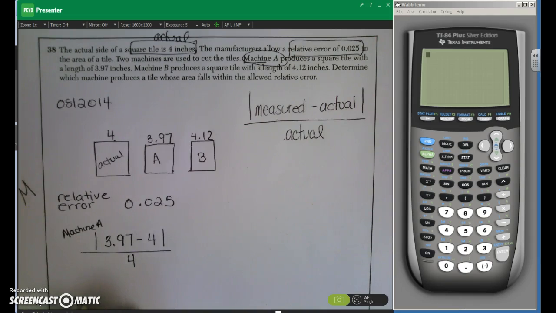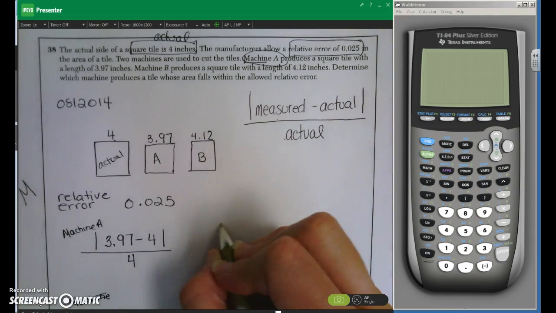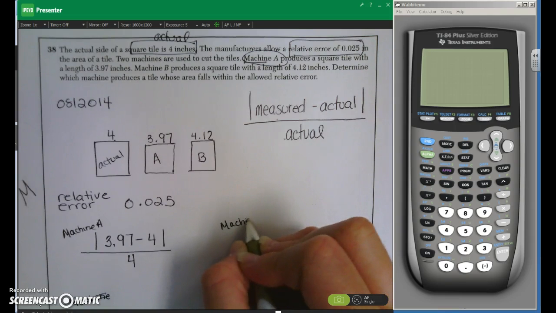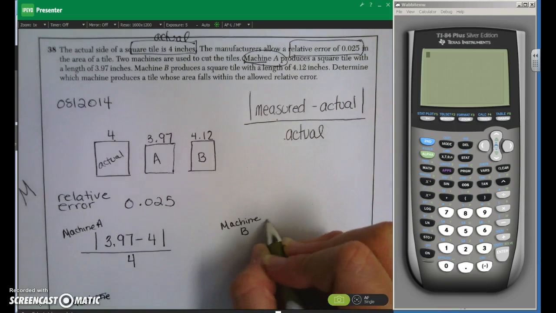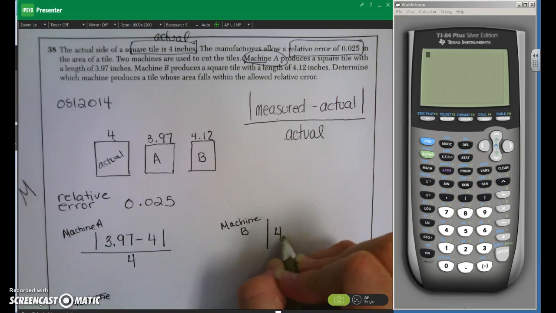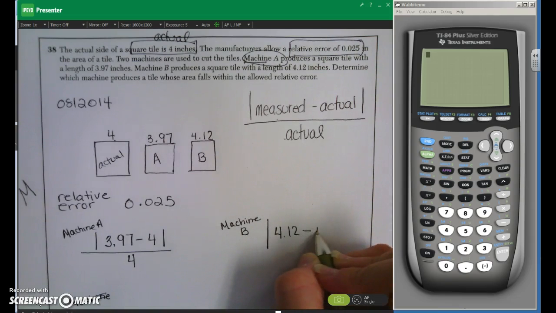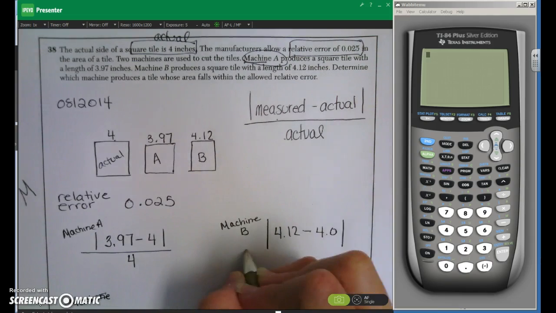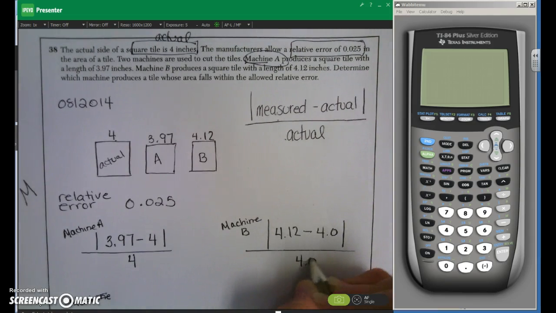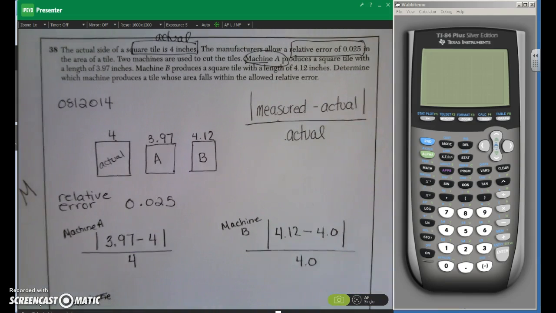And then we're going to do machine B. Actually, I want you to be able to see it. Maybe I should do machine B over here. And again, it's going to be our measure minus our actual divided by our actual. So let's type this in the calculator.